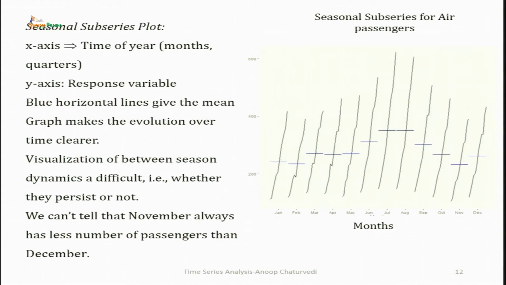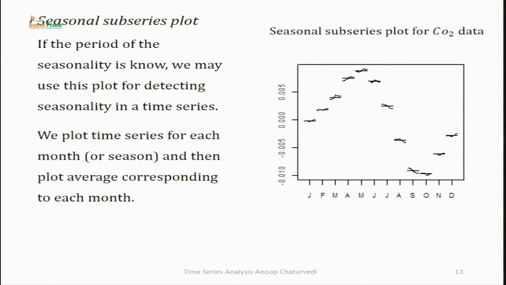Say in general, the mean of the November graph is less than that of the December graph, but you cannot say that November always has fewer passengers than December. This is also a seasonal subseries plot for CO2 data.